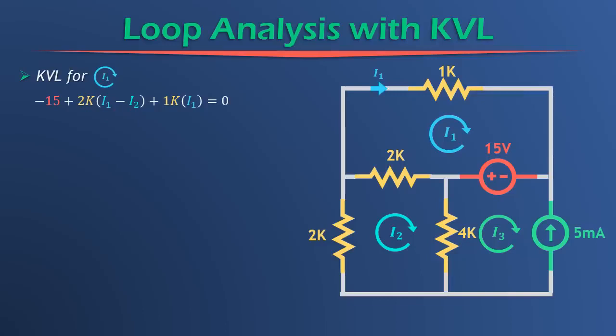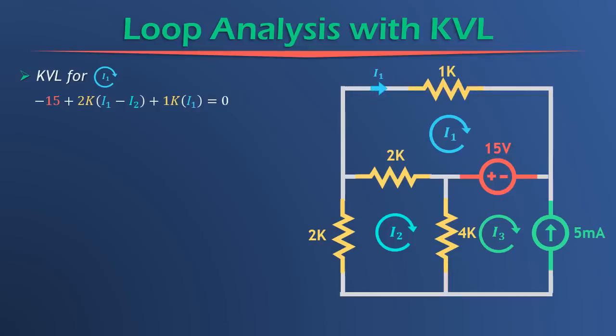Alright, so after we're done with the 2K resistor, we keep going up in our loop. And nothing there, and we come across the 1K resistor. What is the voltage across the 1K resistor? Well, it's going to be the current through the 1K resistor multiplied by its resistance. So what's the current through this 1K resistor? Well, it's simply just I1.